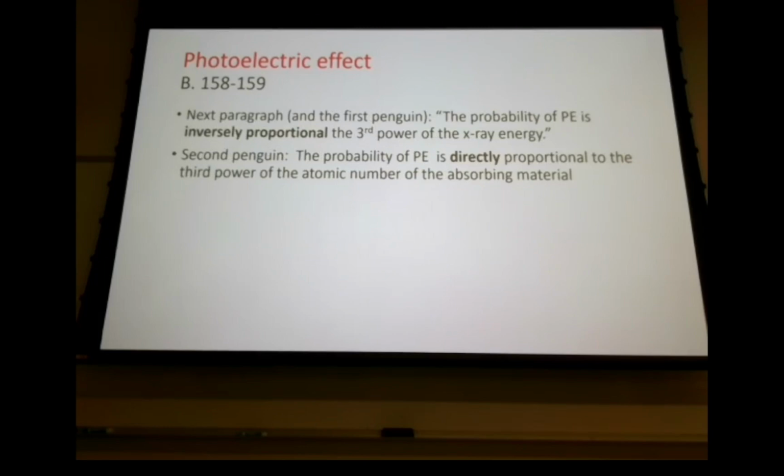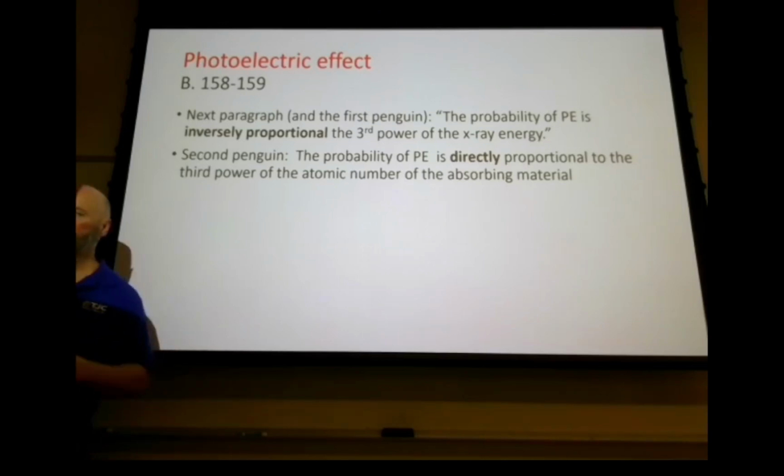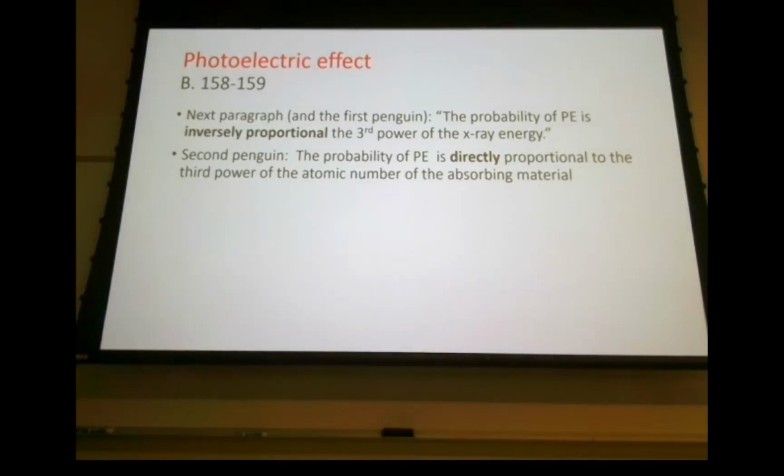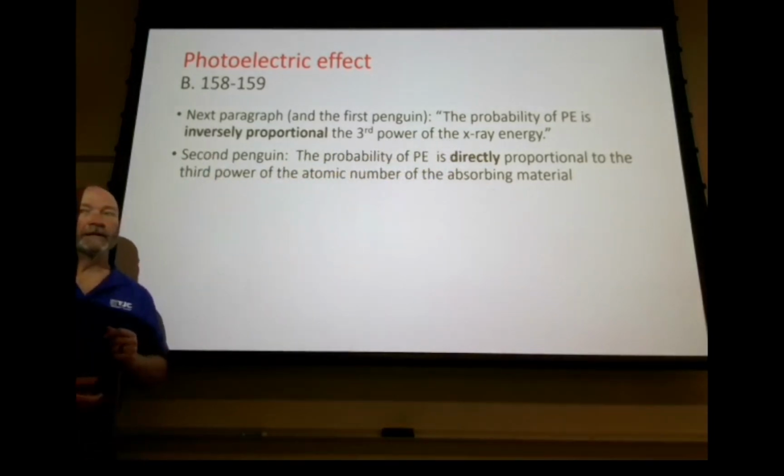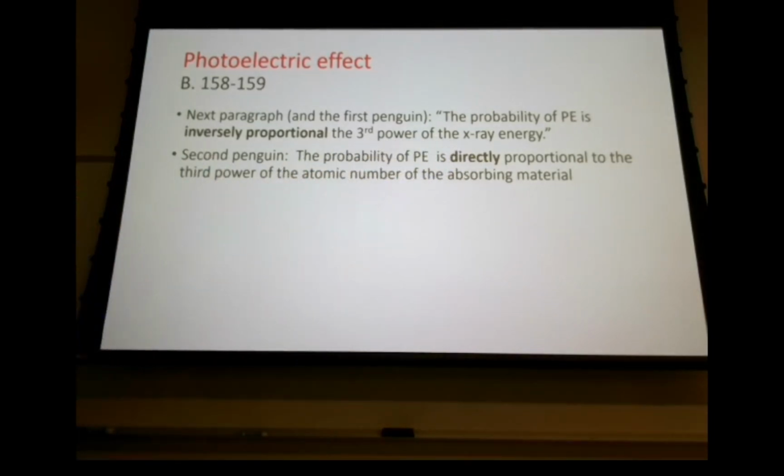Probability of PE is inversely proportional, and this is pretty significant. Inversely proportional, what does that mean? One goes up, one goes down, right? So it's inversely proportional to the third power of the energy. So as the energy goes up, interaction goes down, right?